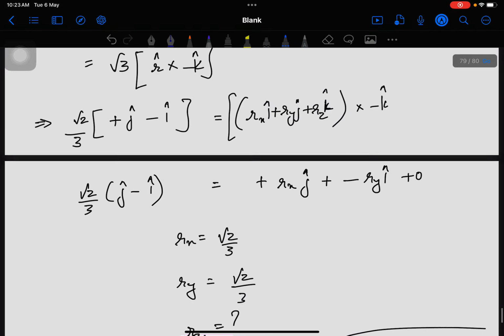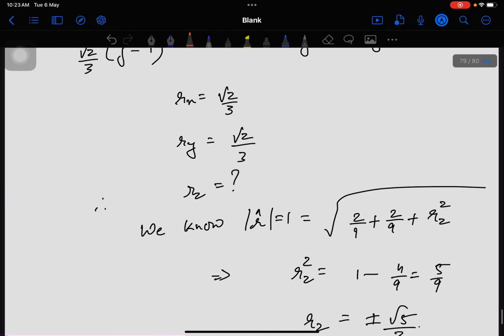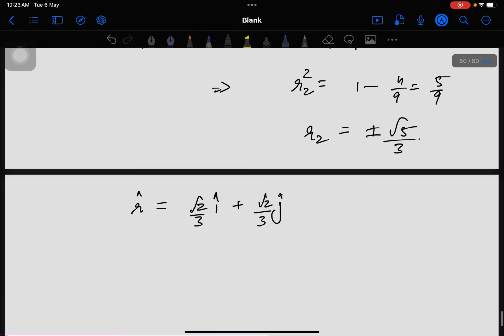And now rz is plus or minus. You notice how the vector is moving over here. It's moving in the negative z direction. The refracted light will also be in the negative k cap direction. So it is not plus k cap. It must be minus root 5 by 3 in k cap. This is your answer.